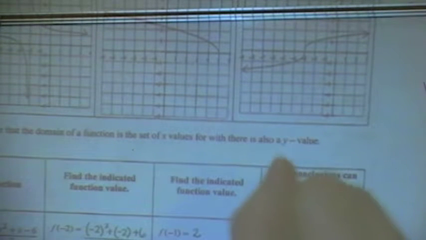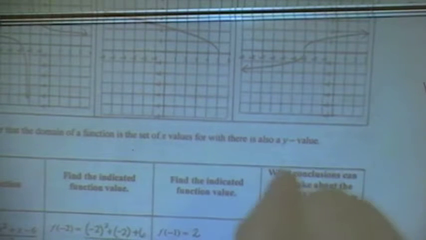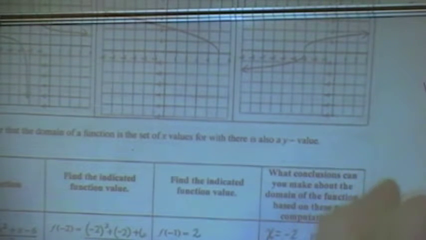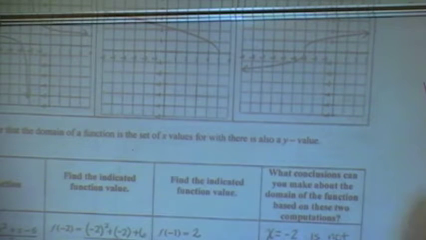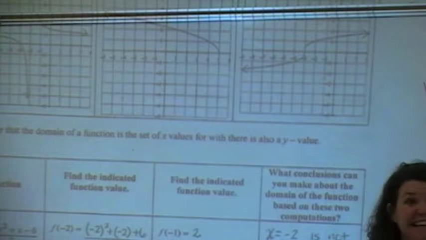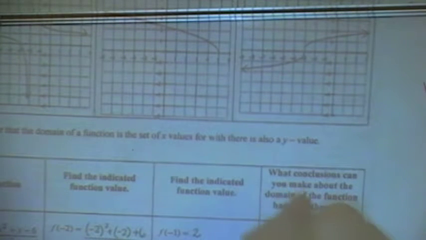So x equals negative 2 is not part of the domain. And we know from this calculation that x equals negative 1 is in the domain, because I got an answer.